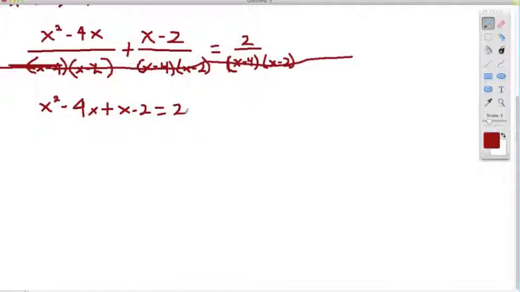Well, let's do this. Let's subtract 2 from both sides. Okay?